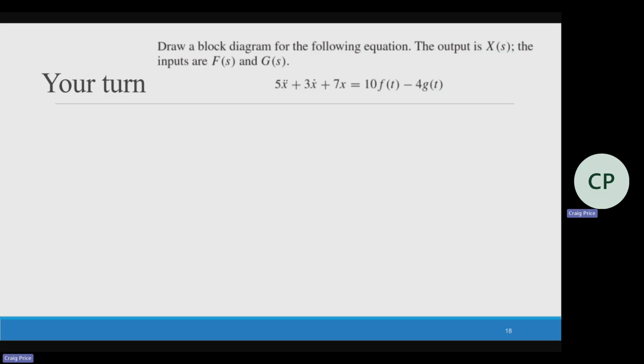I want you to just try to get some practice of putting together a block diagram representation. And if you have any questions, let me know.